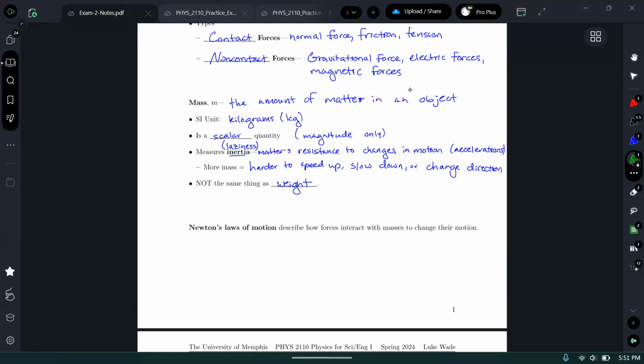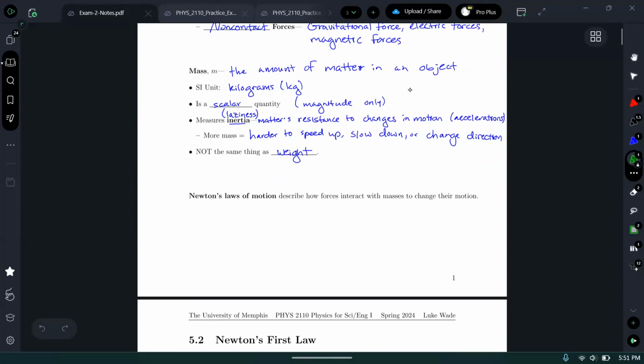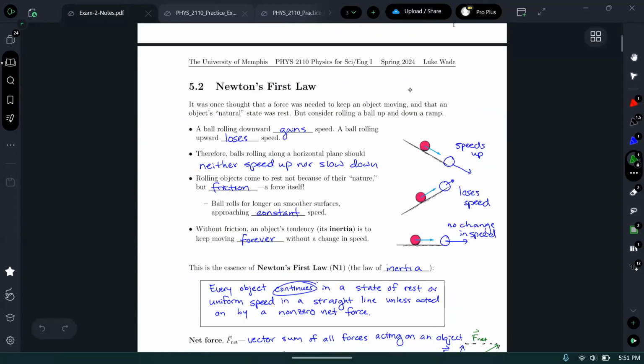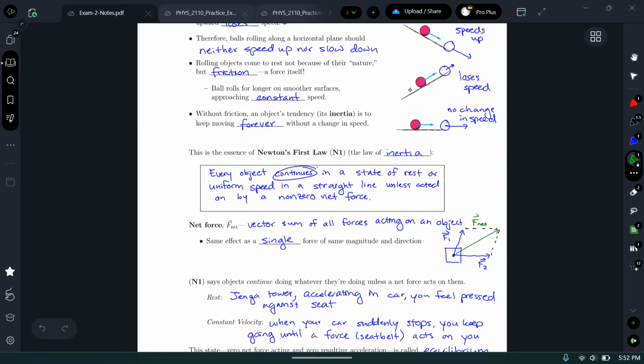If they're not ingrained at this point, if they're not burned in, which they may not be, they're a good thing to write down on a cheat sheet. So you remember what each one says, and then maybe you could make a few notes about any consequences of them that we've seen. So the first law is about inertia. It's that stuff keeps doing what it was doing unless something acts to change that.